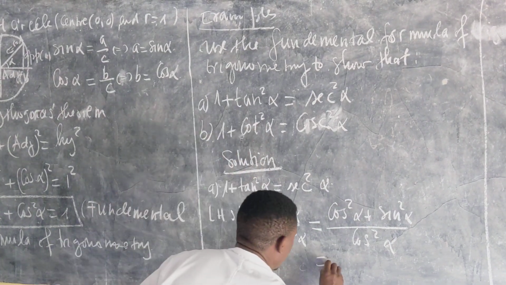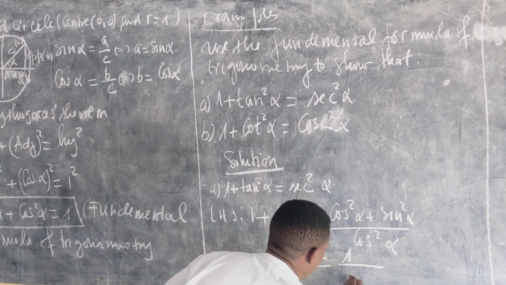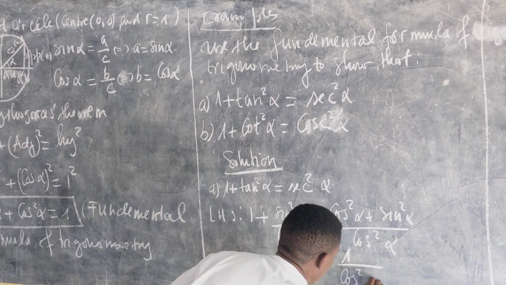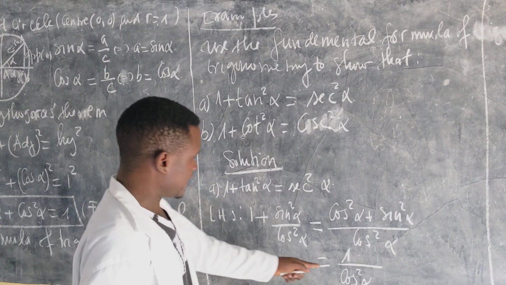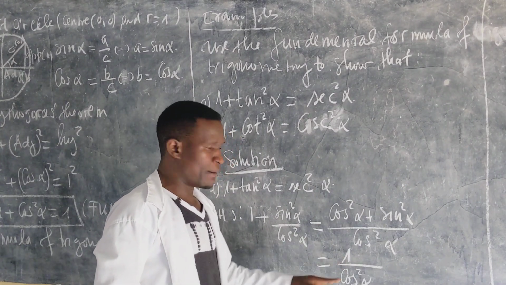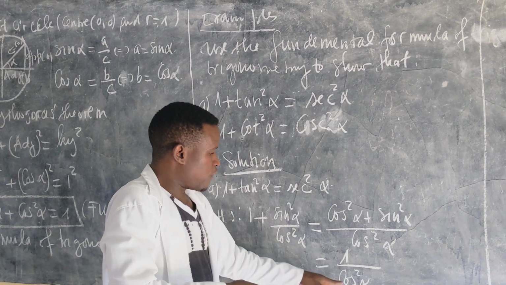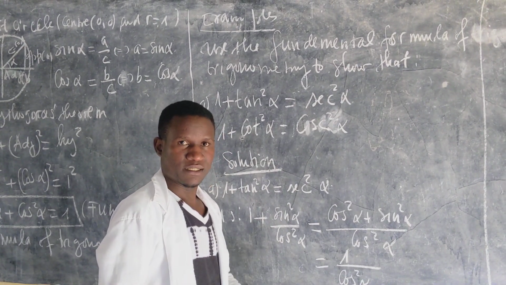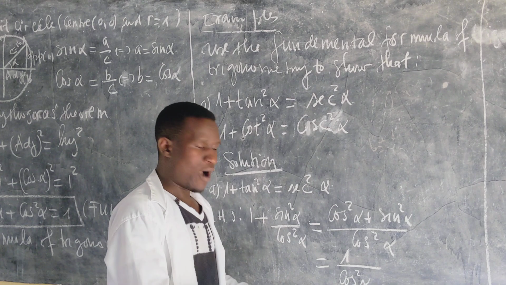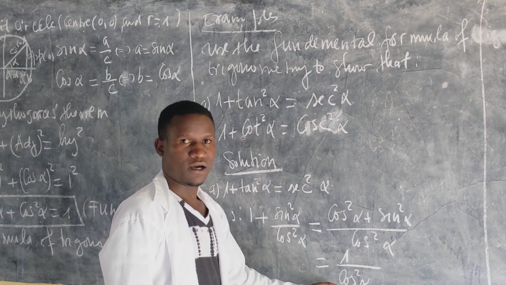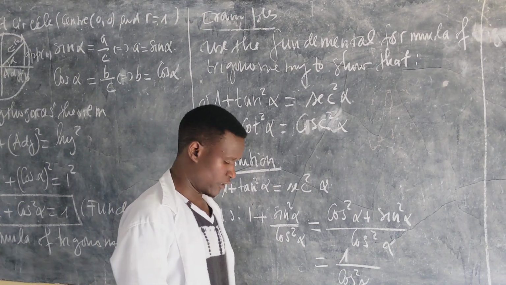Thus, this will be equal to 1 divided by cosine square of alpha. Remember that 1 over cosine is equal to sec. This means that 1 over cosine square of alpha is equal to sec square.